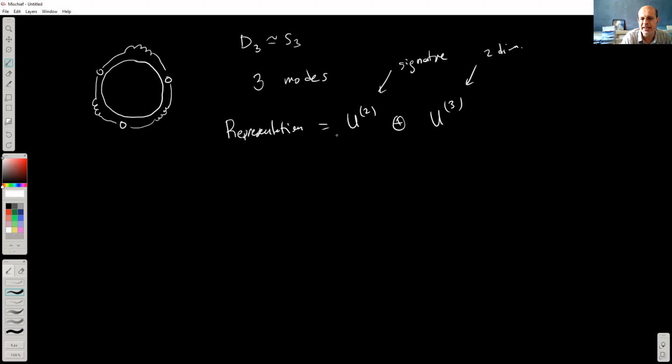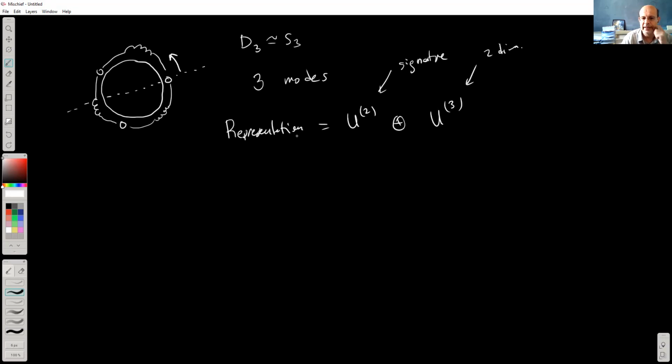The trivial representation doesn't appear in here because a displacement like that is not going to be left invariant under a reflection. If I include the vibrational mode where the particles can go radially outward, in that case, the trivial representation will also be in the picture.